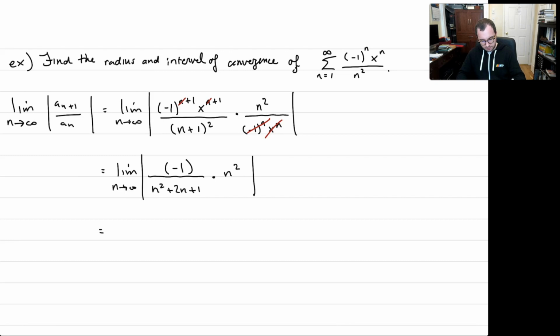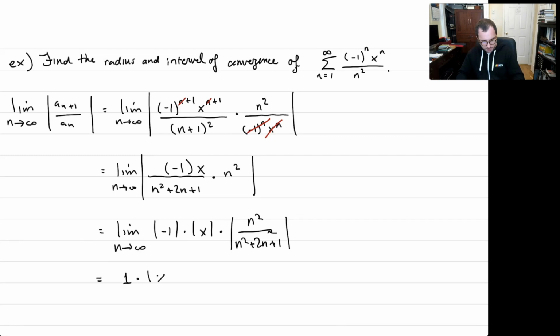This is equal to, oh, forgot the x, of course, which is equal to the limit of negative 1 times x times n squared over n squared plus 2n plus 1, which is equal to 1 times x times, there's 1n squared and there's 1n squared on the bottom. So this is equal to x. So the limit of absolute ratios in this example is the absolute value of x.